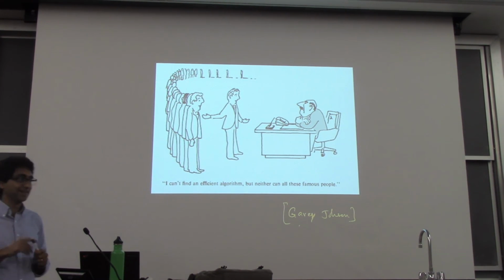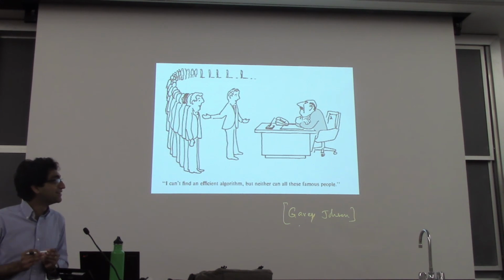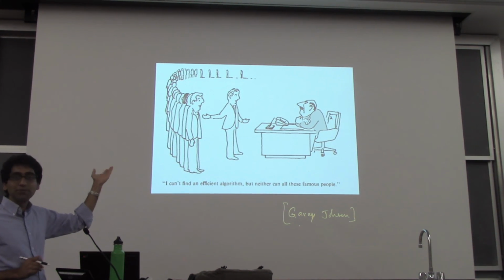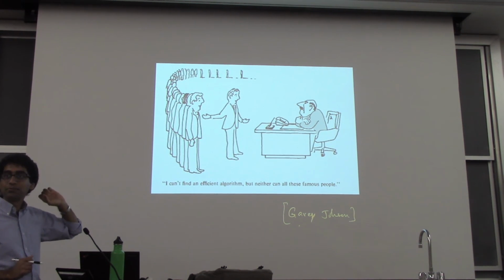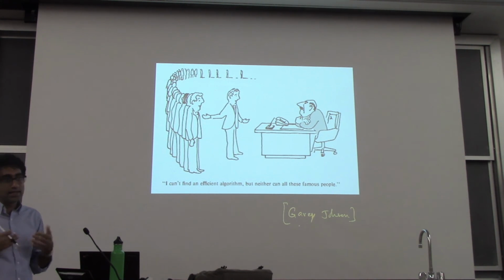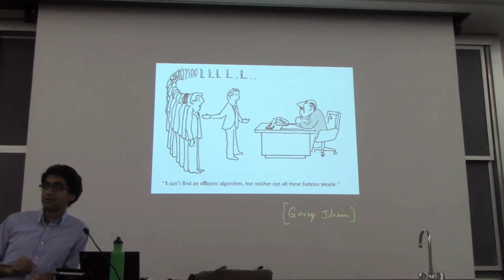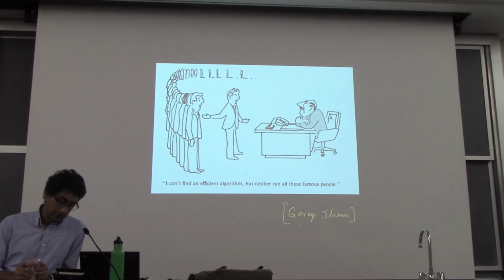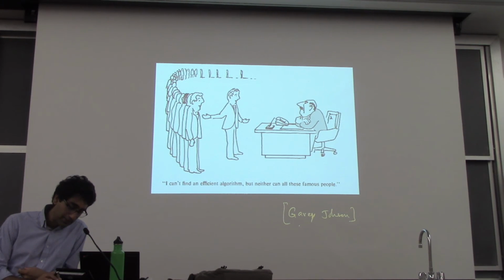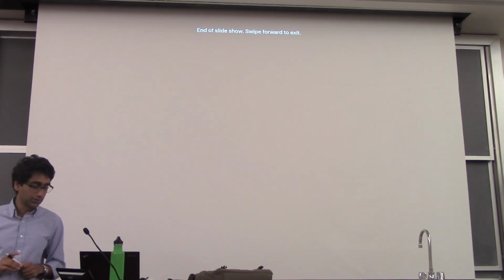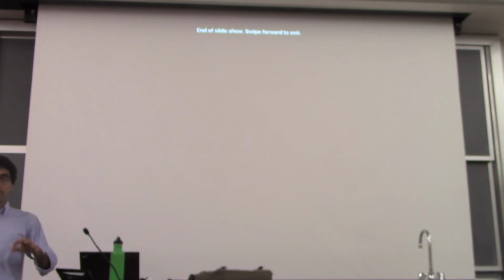This is one way of thinking about reductions between NP-complete problems. You say that I can't solve this problem, but it's not my fault. Neither can all these famous people, because we believe SAT cannot be solved. We'll see concrete examples of reductions next time, but this is the general idea. I wanted to stop here because I don't want to get into reductions now.